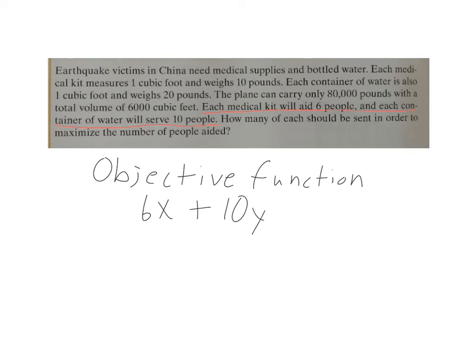So 10Y is that. What we want to do is to be able to maximize 6x plus 10y over that feasible region, which we just graphed on our previous screen.